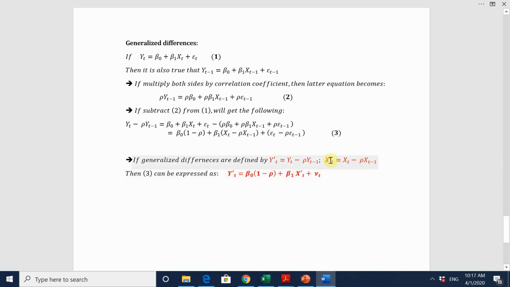So x prime of t equals x of t minus x of t minus 1, and likewise y prime of t equals y of t minus y of t minus 1, because rho is equal to 1. When rho lies somewhere between 0 and 1, we keep this general format for the generalized differences.